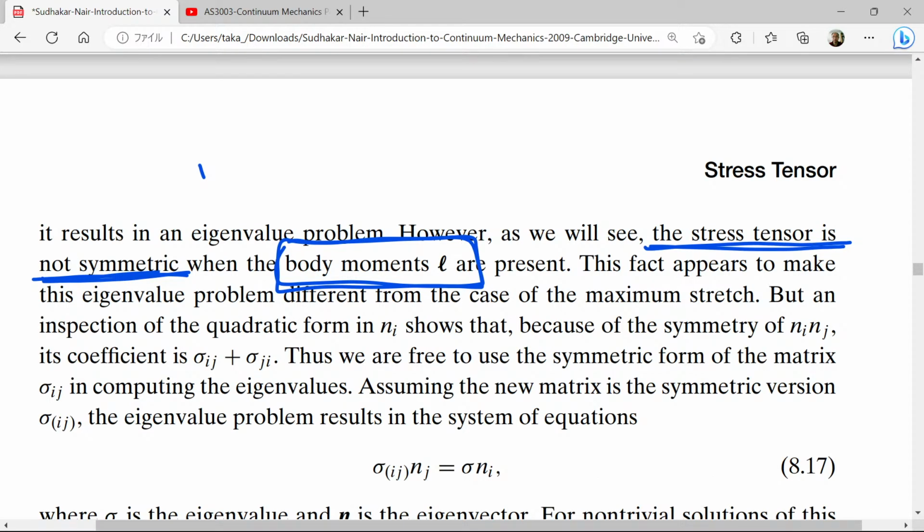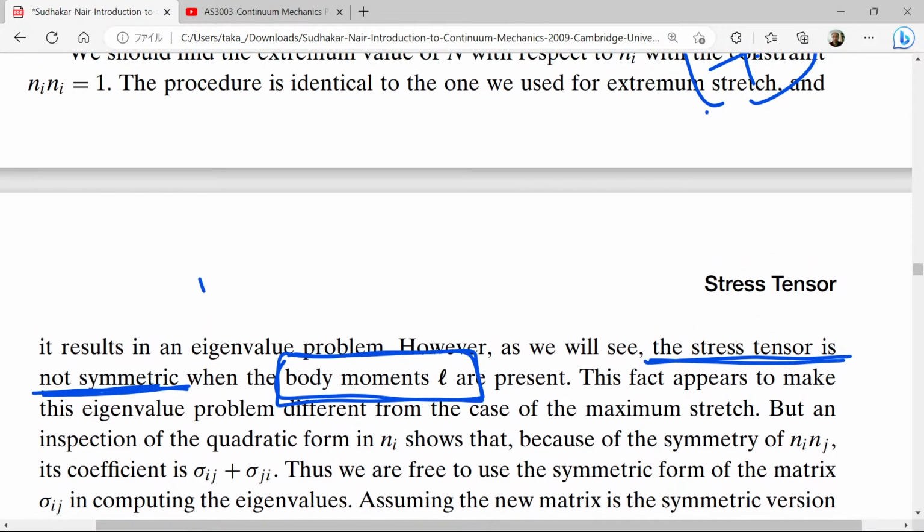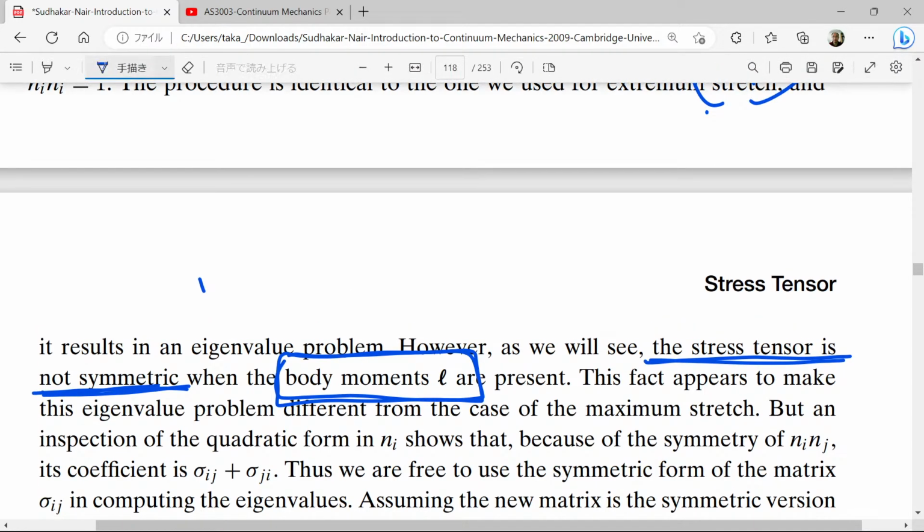Thus, we are free to use the symmetric form of the matrix sigma ij in computing eigenvalues. I'm not sure, okay, I don't know if we are free to use.